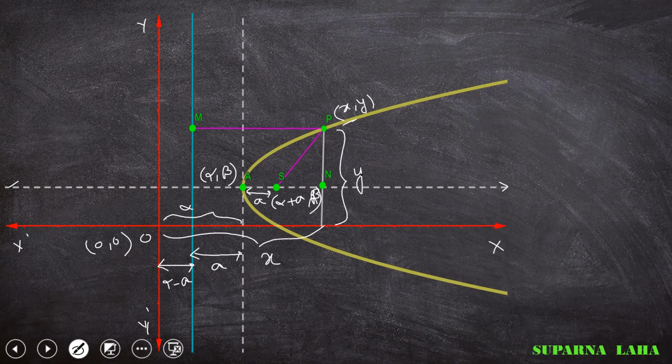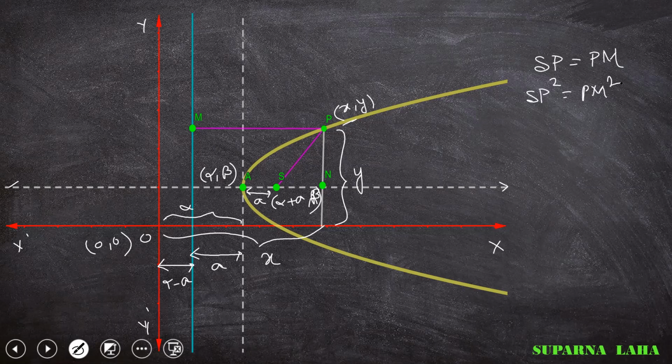Clear? Now we have the condition from the definition, that is SP is equal to PM. Clear? So SP square is equal to PM square. Now look here. SP means the distance between the points x, y and alpha plus a, beta.